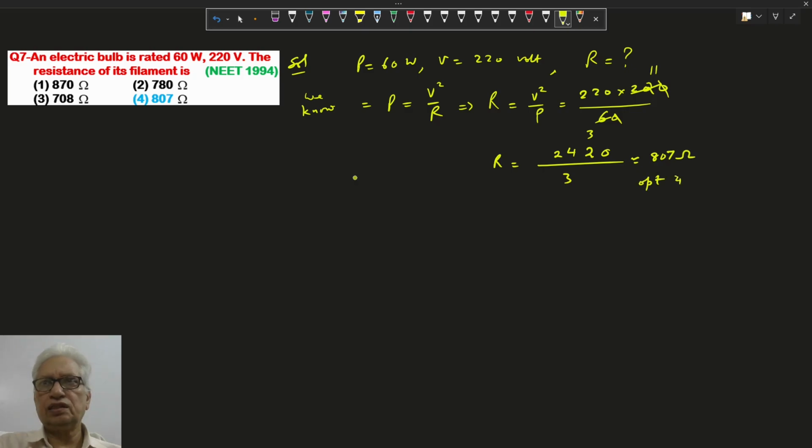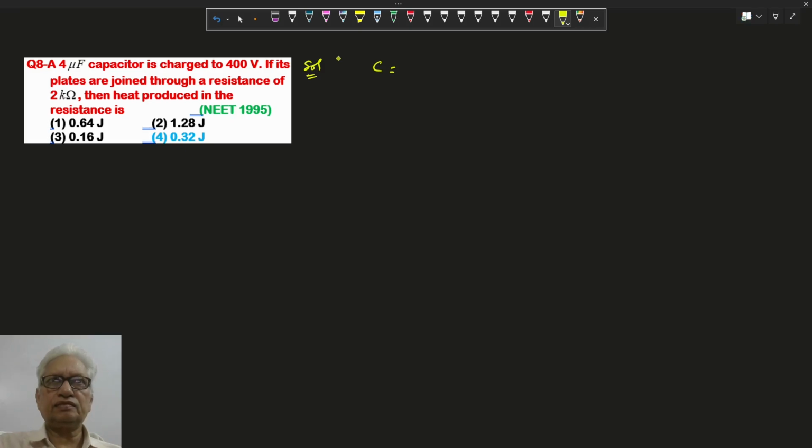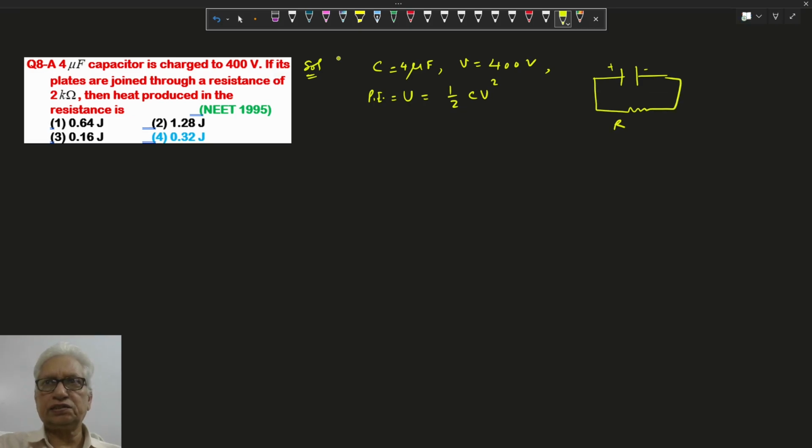Here the option is a capacitor of 4 microfarad and the voltage here is 400. It is charged with 400 volts. So energy is stored, and the potential energy stored in the capacitor is half C V square.